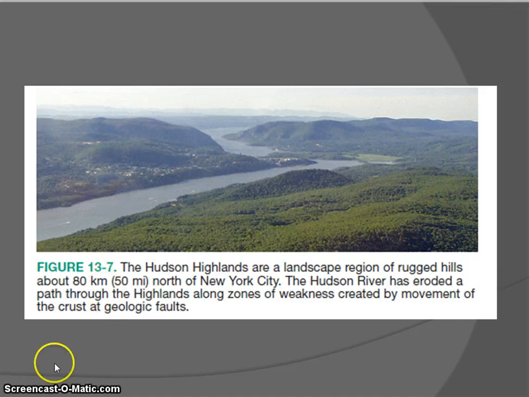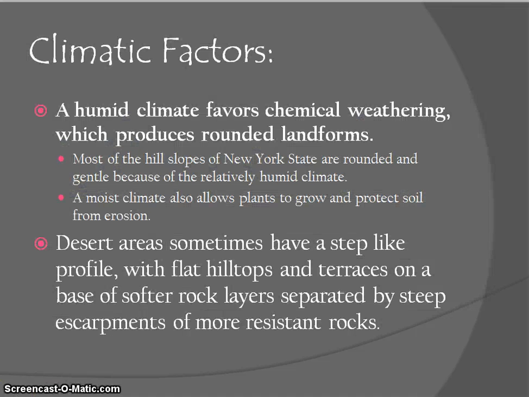Climate factors: if the area is humid, and we learned in our weathering unit that when you have hot, humid climate, they're favoring chemical weathering, which is going to help produce landforms and help weather and erode rock away. And then here it says desert areas sometimes have step-like profiles with flat hilltops and terraces.